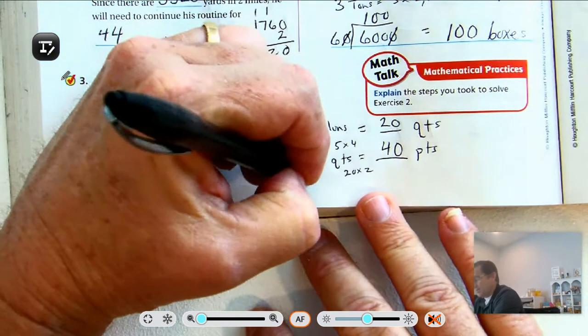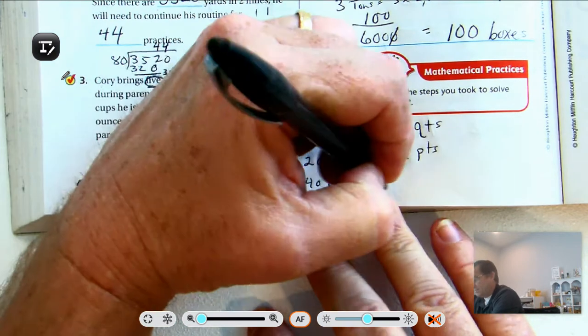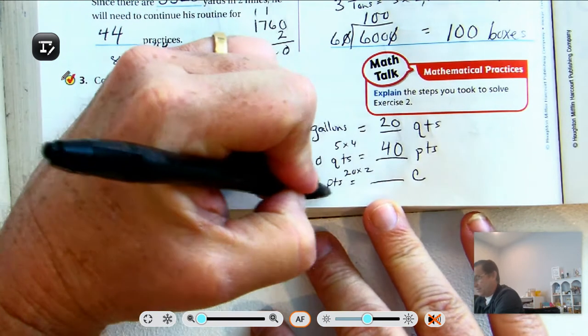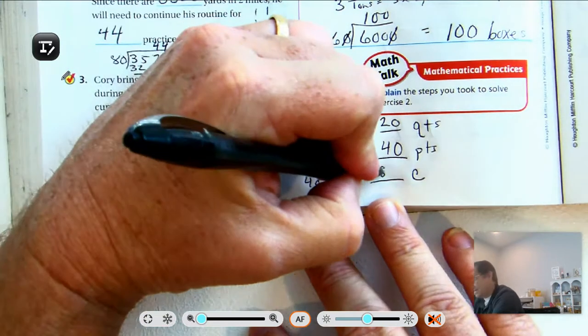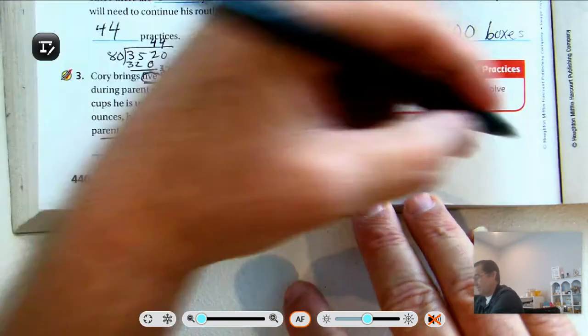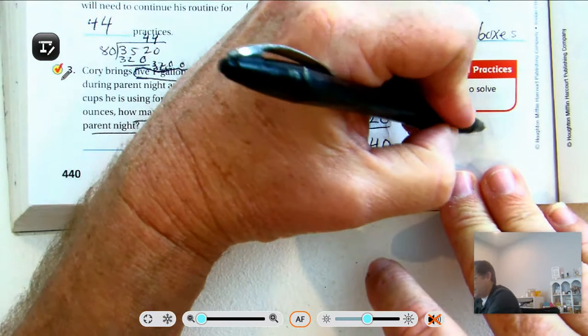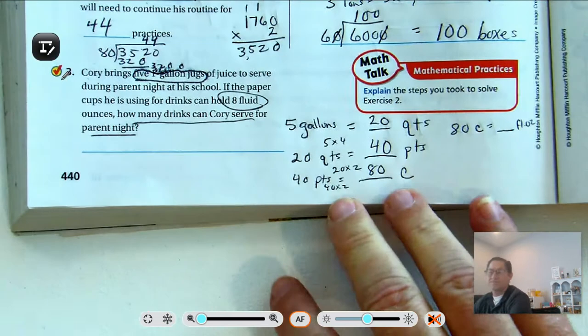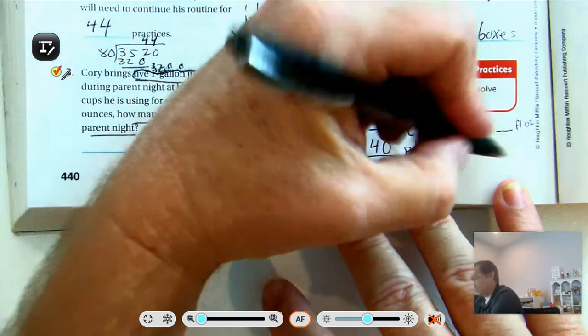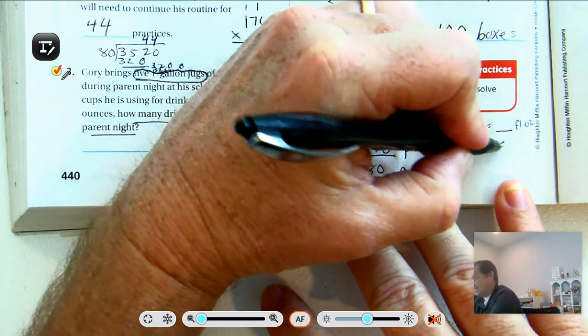We can then change 40 pints into cups. And we know that there's 2 cups per pint, so 80 cups. And finally, 80 cups can be turned into fluid ounces. There's 8 fluid ounces per cup, so 80 times 8.